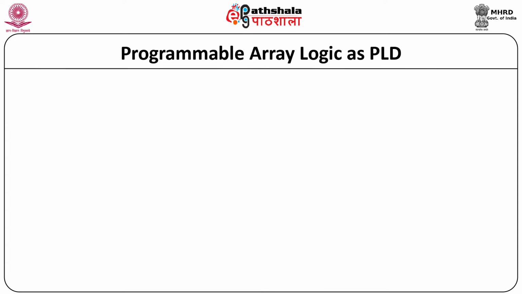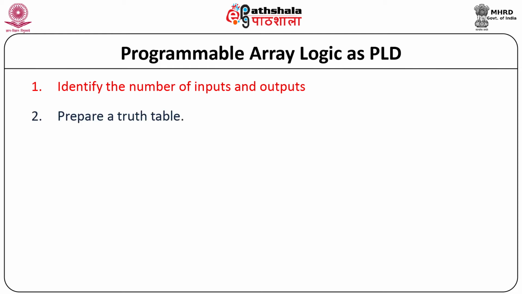Designing combinational circuit using PAL. In order to implement combinational circuit using PAL, it is necessary to follow a systematic procedure as described below. First, identify the number of inputs and outputs of the combinational circuit. Second, prepare a truth table.